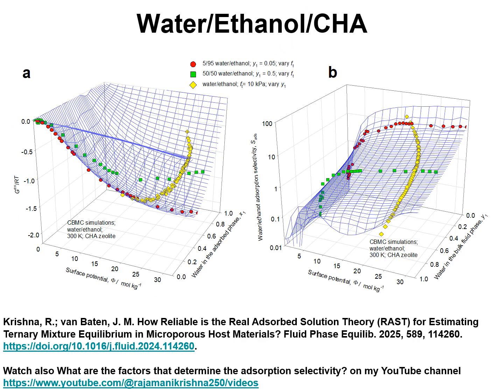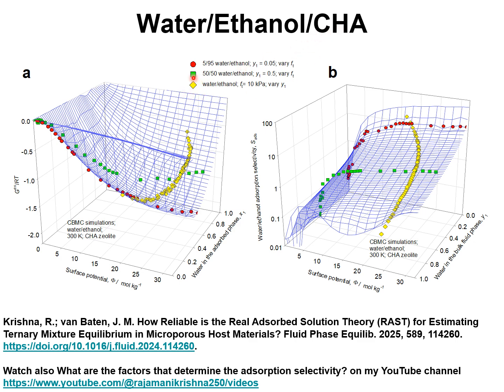I show here the configurational-bias Monte Carlo simulation data for 595 mixtures of water-ethanol in chabazite zeolite.